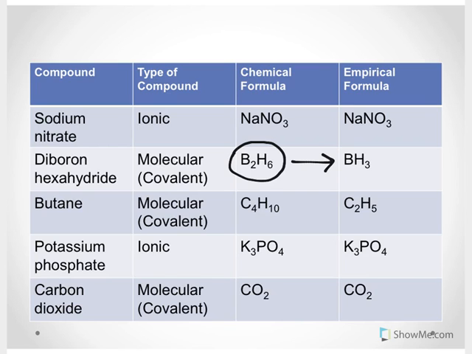You can also look down at the bottom at carbon dioxide. Even though it's a molecular compound, its chemical formula is a 1:2 ratio. A 1:2 ratio is the simplest whole number ratio, so its empirical formula does look identical to its chemical formula. And so in the case of ionic compounds, the chemical formula will match the empirical formula, but in the case of molecular compounds, the chemical formula may or may not match the empirical formula.